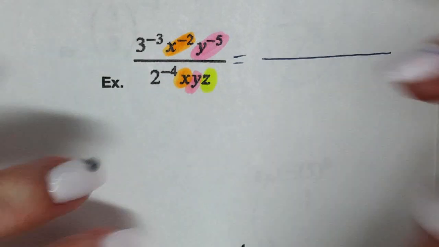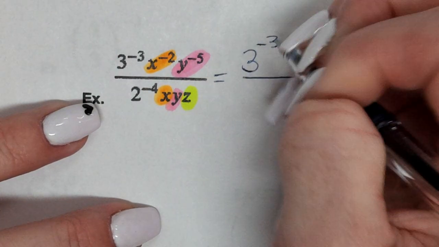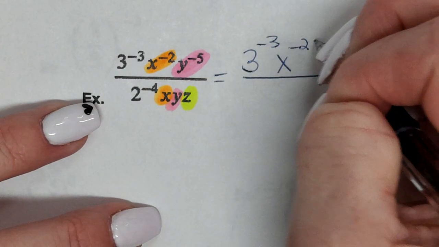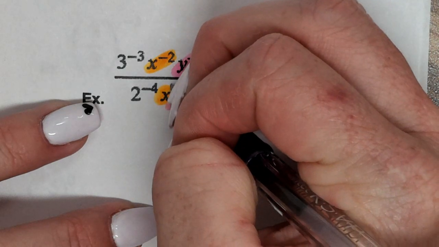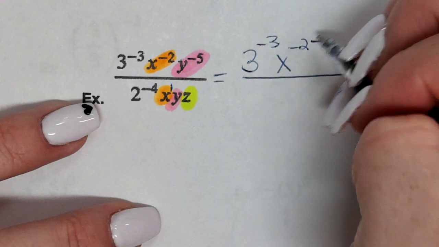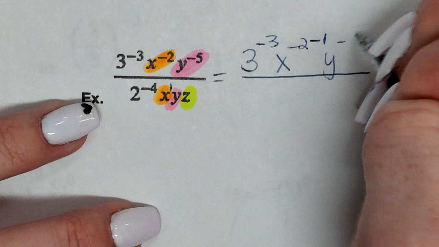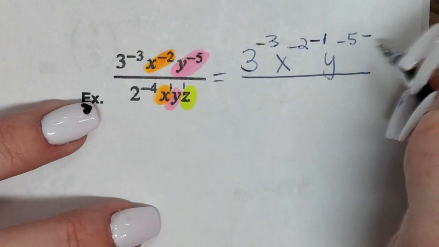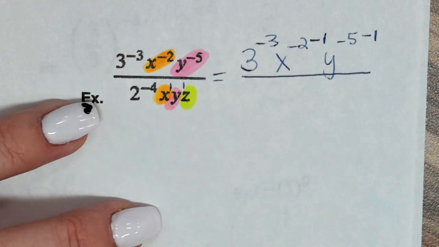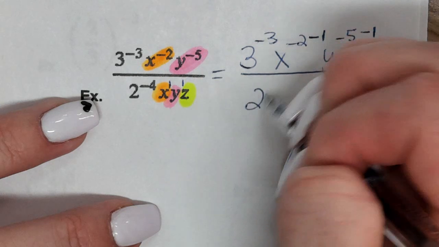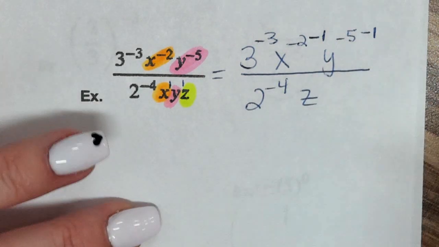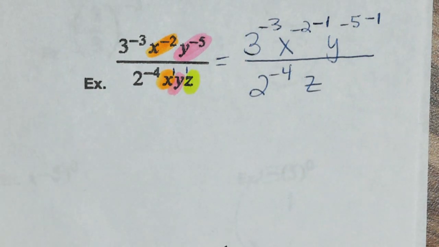I don't. So I have 3 to the negative 3, x to the negative 2 minus 1, y to the negative 5 minus 1. This is going to stay on bottom, and this is going to stay on bottom. How'd we do?